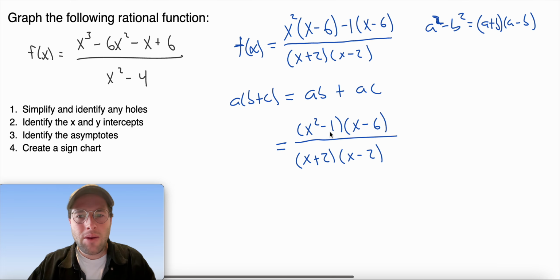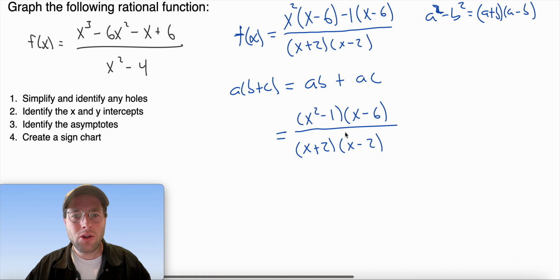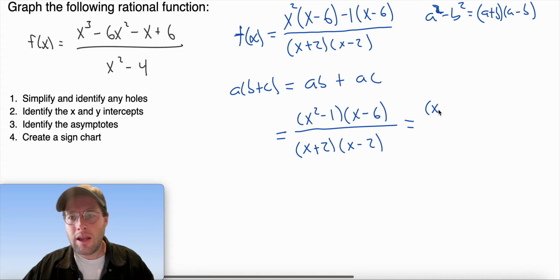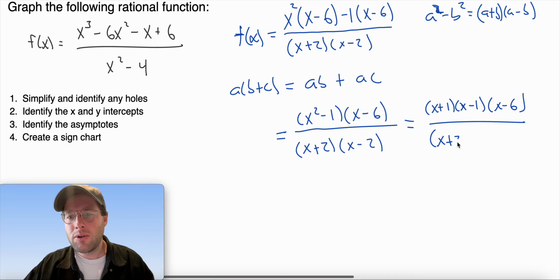Okay, and we can factor this a little bit further here because notice we have, again, a difference of two squares right here. So let's write this as x plus 1, x minus 1, x minus 6 over x plus 2, x minus 2.